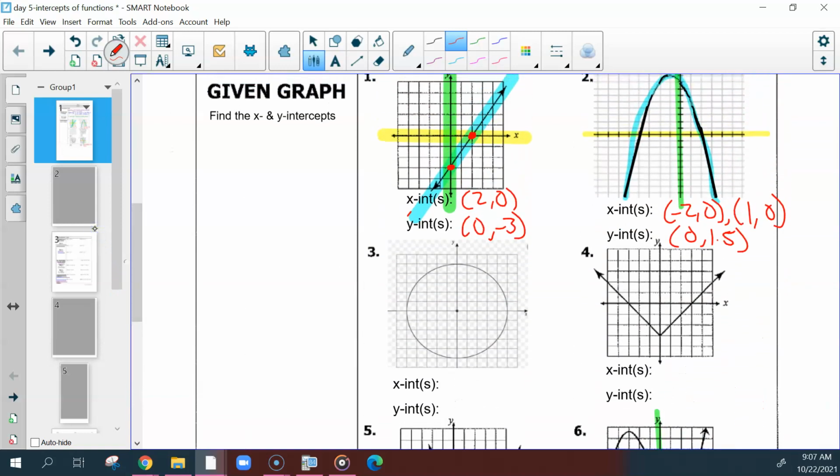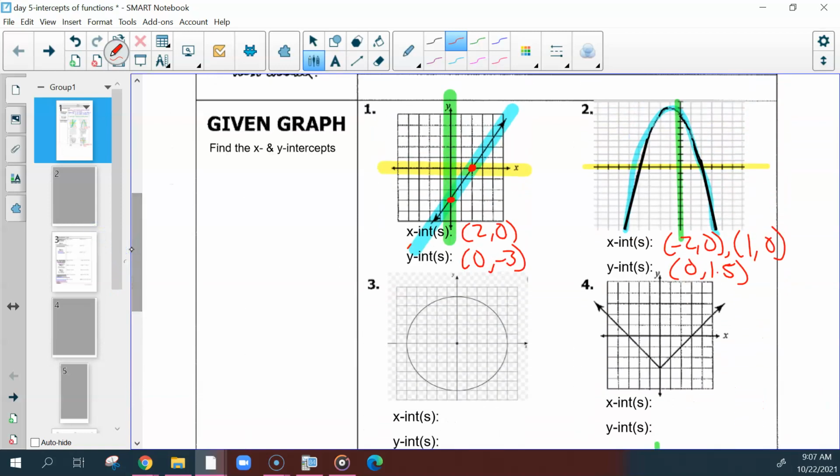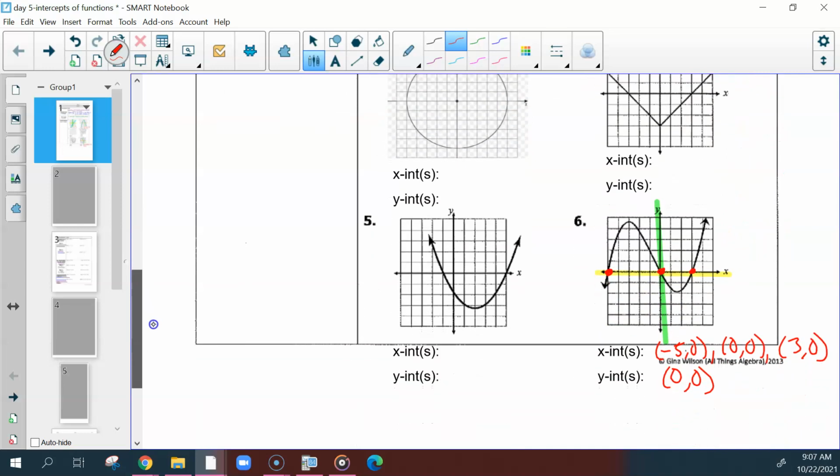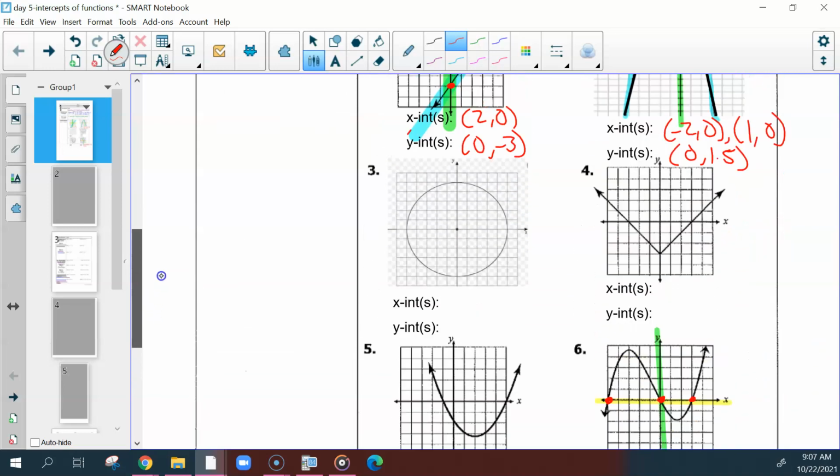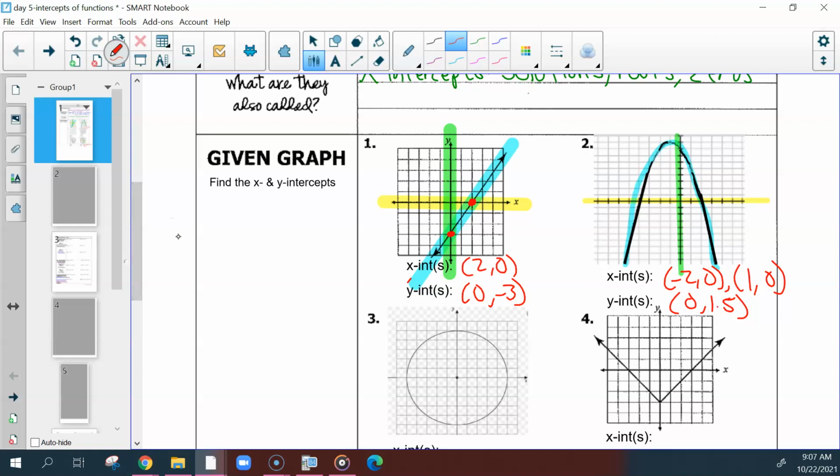Really quickly, we're going to revisit our unit 2. Would number 1 be a function? Yes. Would number 2 be a function? Would number 6 be a function? Yes. So those would all be functions. Now, if I asked you what the domain of this is, what would that be?